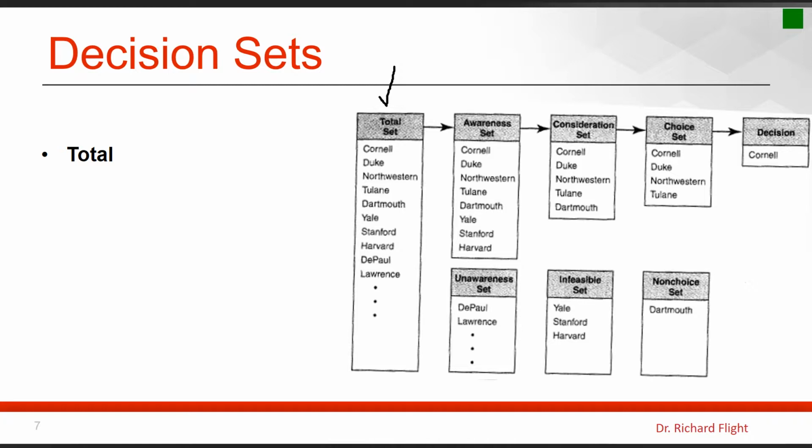Now, it's not realistic for the young person to consider going to all colleges. That'd just be overwhelming. So they need to think about colleges that would be realistic for them to go to. So you begin by looking at the colleges that they're first aware of. An awareness set would be the list of colleges that they're familiar with, that they know about, that they have a concept of.